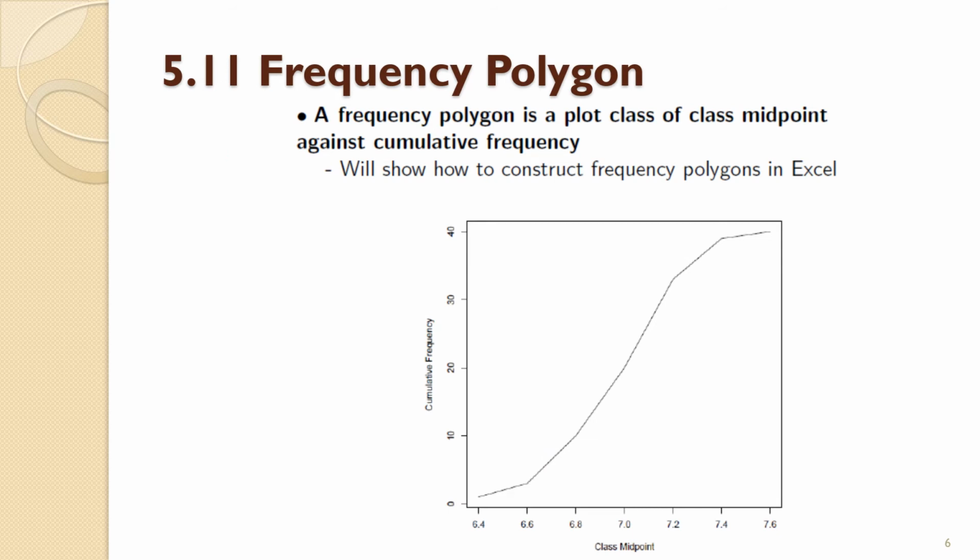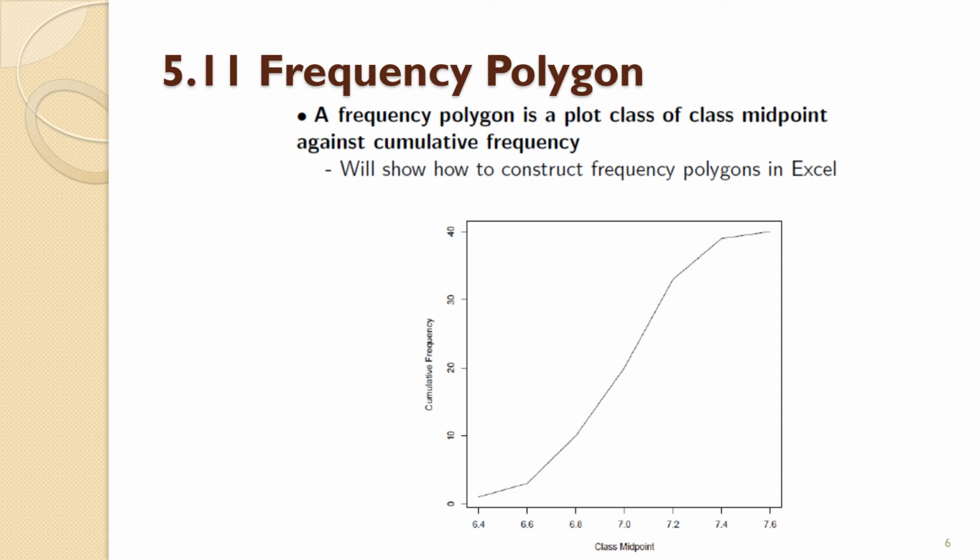One of the things you might do here is to construct a frequency polygon. A frequency polygon is just a plot of the class midpoint against cumulative frequency, and I will give some Excel examples on the module Canvas page of these frequency polygons. It's not for me to do these Excel examples in these lecture recordings.